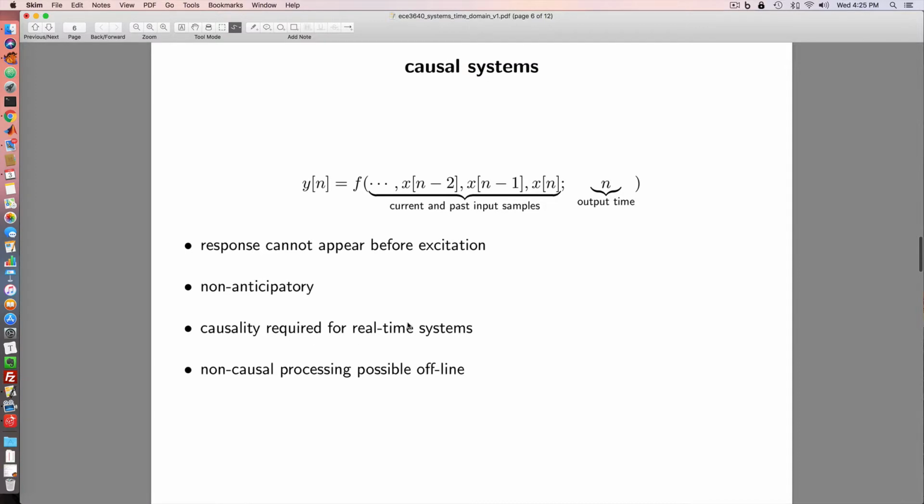Now we're going to have 4 different characteristics for systems. The first one is causality, and we're going to modify only slightly what the function can do, and we arrive at causal systems. So a causal system is one where the output depends on the current input, the present, and the past.